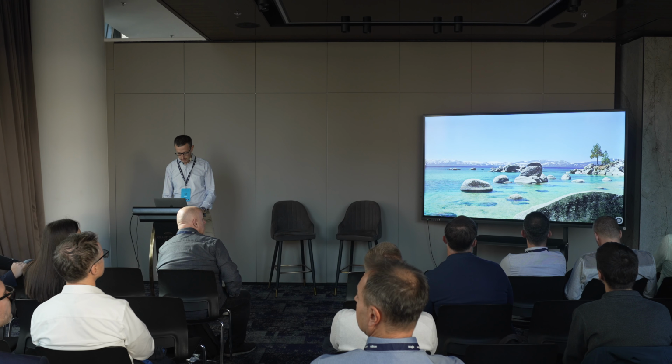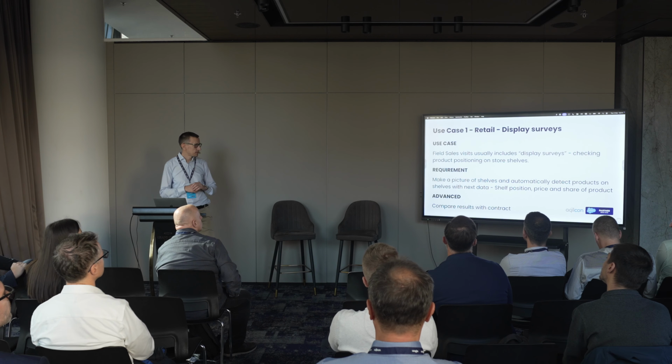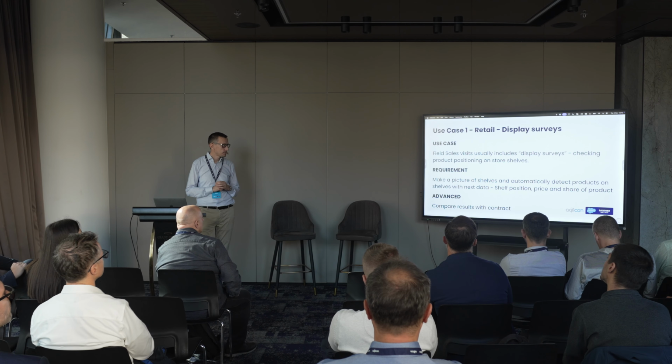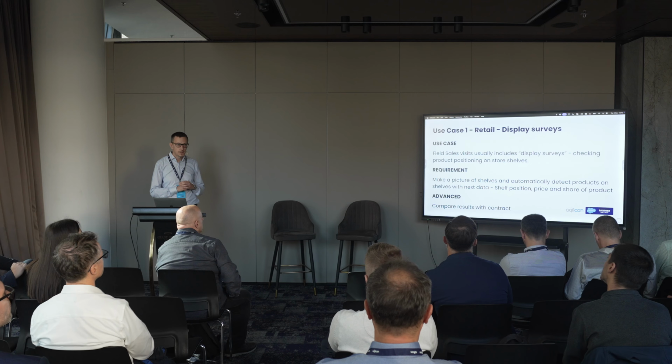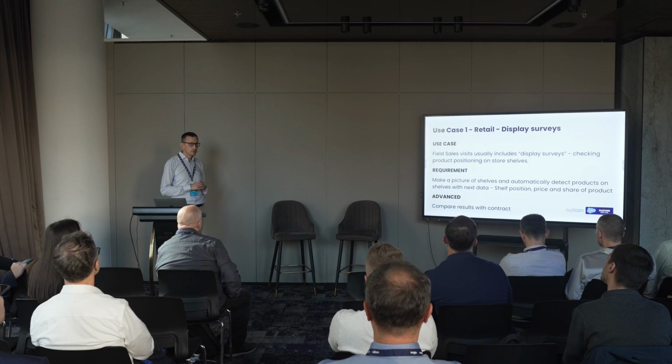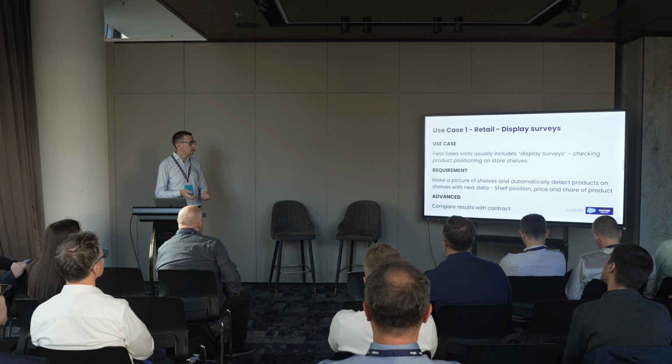Previously, as part of the Salesforce product like field sales, field sales visits usually include some display surveys. This is checking product positioning on store shelves. For example, you check in a store whether the products are on the shelves according to the contract with that distributor.